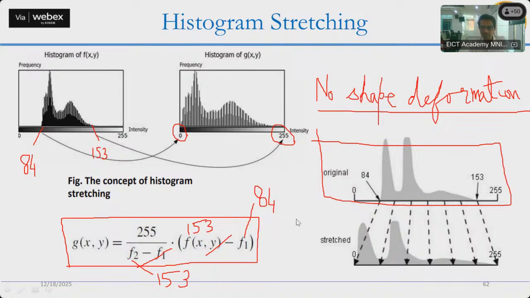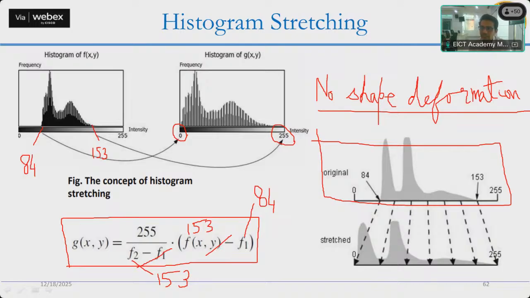Saujanya? Not clear, then why f2 equal to 1? See, f2 is the maximum value. Okay, no problem, I will explain it again. First, let us try to understand this.